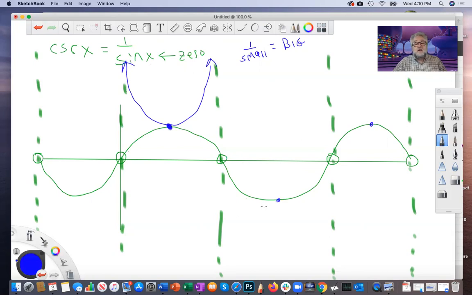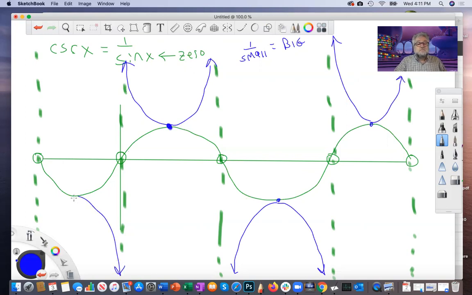When sine is negative, cosecant is negative. So it has these asymptotes where sine is equal to 0. It starts at 1 and goes up, or it starts at -1 and goes down.